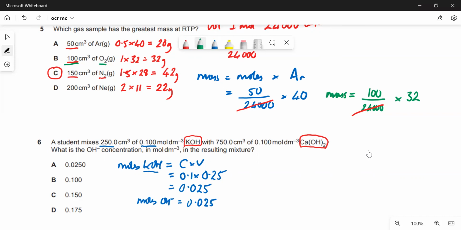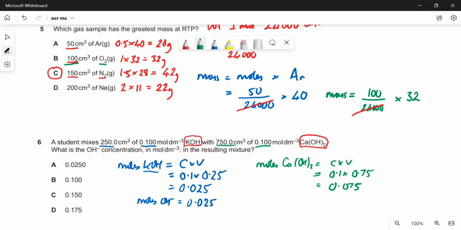Okay, now let's do the calcium hydroxide. So the moles of calcium hydroxide, concentration times volume again. Concentration is 0.1, and we've got 750, so that's 0.75 in dm cubed. 0.1 times 0.75 is equal to 0.075.